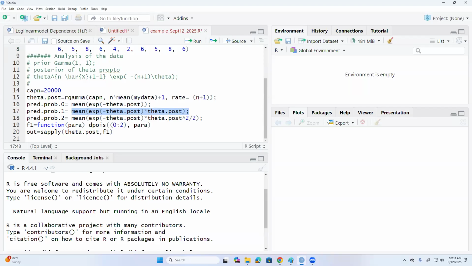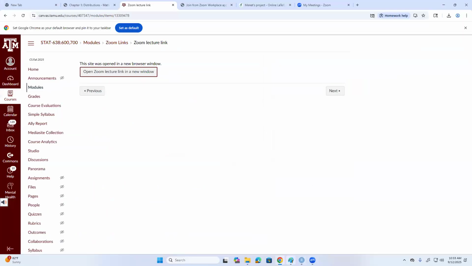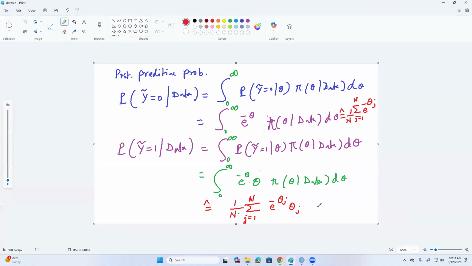And I can also calculate the posterior predictive probability that it is equal to 2 as e to the power minus theta times theta square over 2 factorial, which is 2. So on and so forth. And you can even calculate this for any probability.